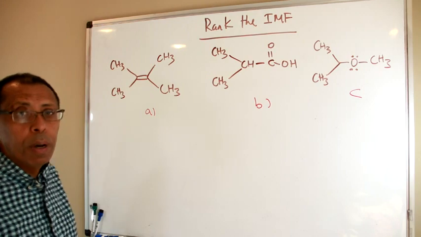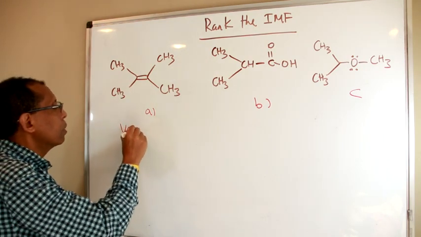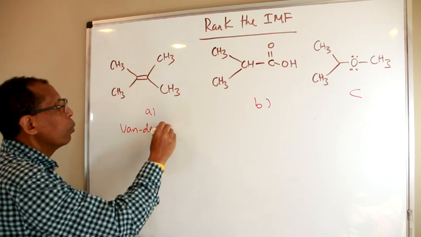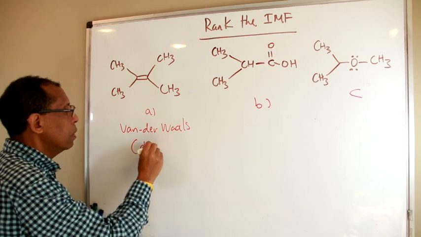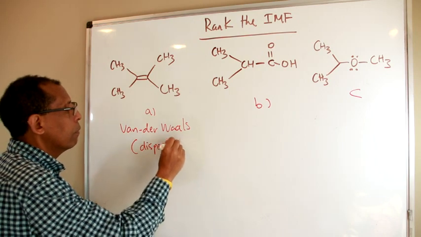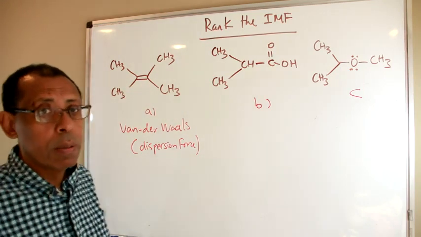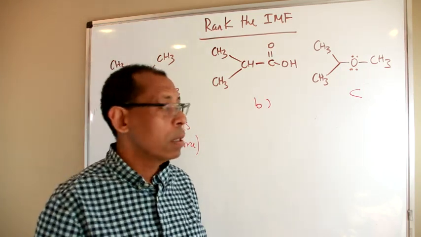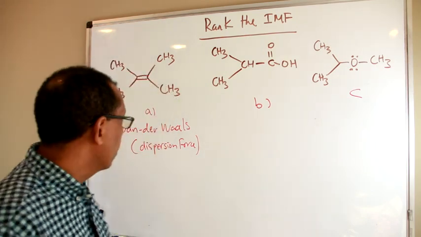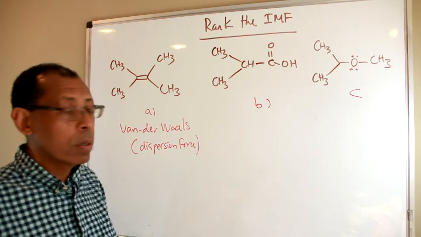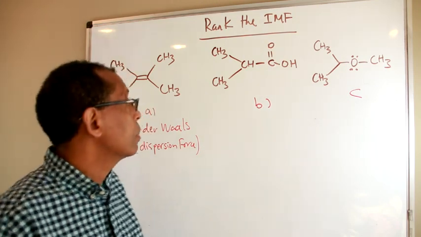For example, compound A can only have weak van der Waals or dispersion force. As you see, there are no heteroatoms that can make hydrogen bonding. There is no dipole that is possible for dipole-dipole interaction. So the only force that exists in this compound is van der Waals forces.